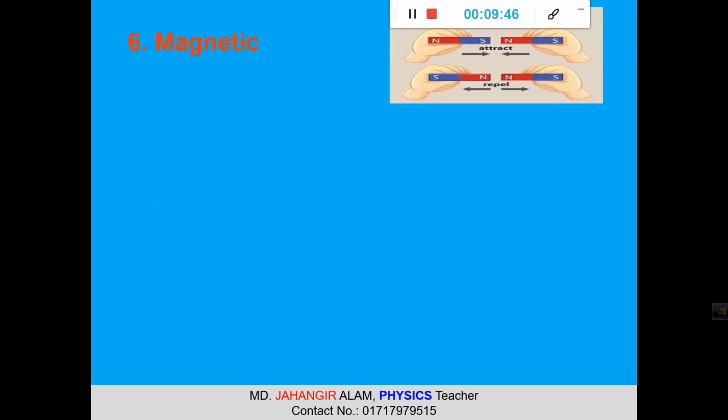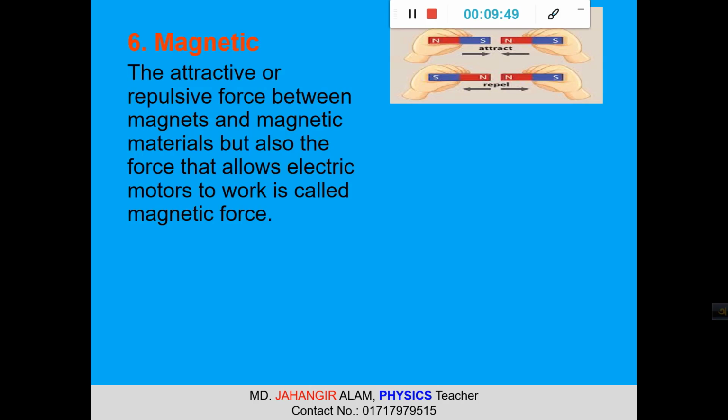Now, magnetic force, the attractive or repulsive force between magnets and magnetic materials, but also the force that allows electric motors to work, is called magnetic force. So, magnetic force is of two types. One is attractive, another is repulsive.